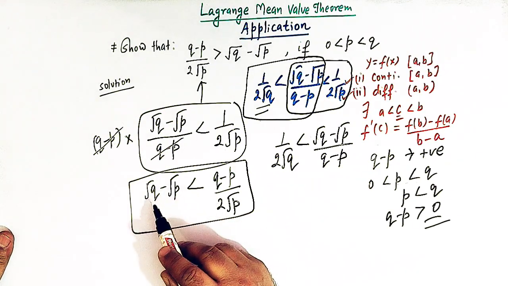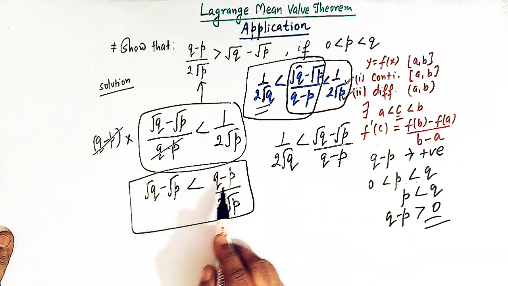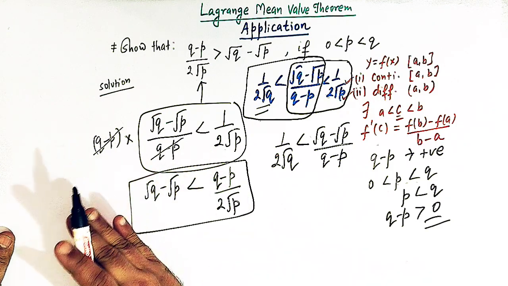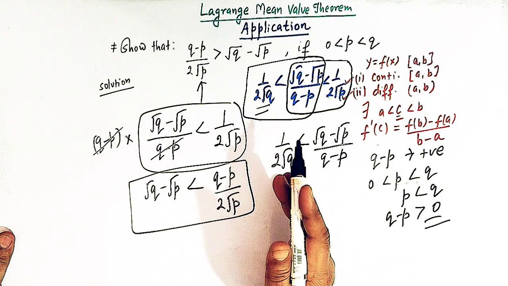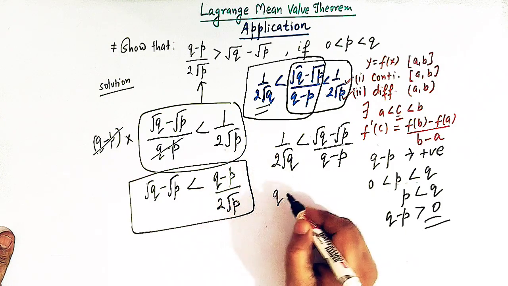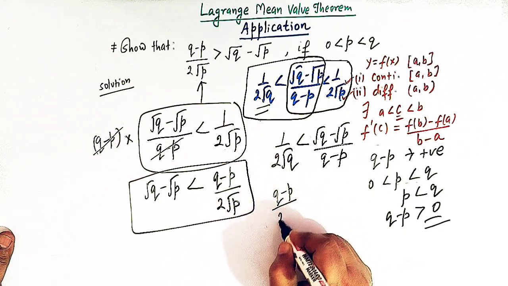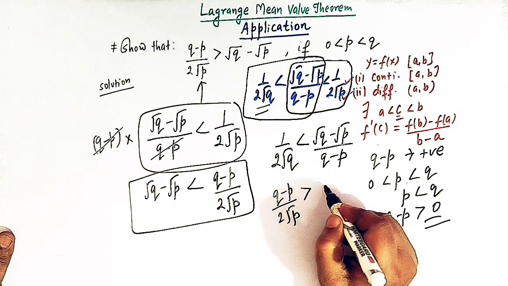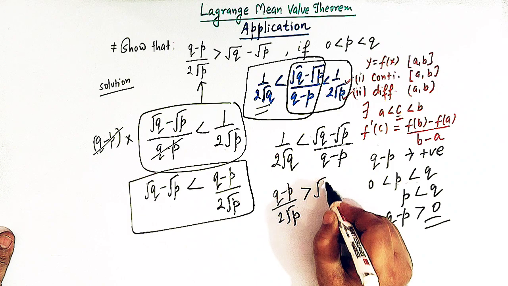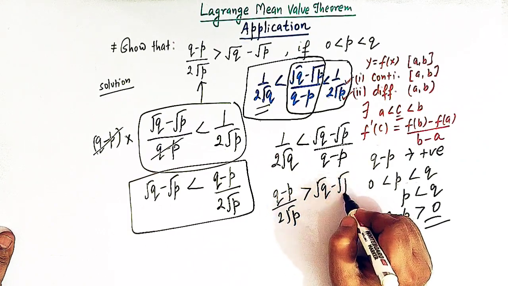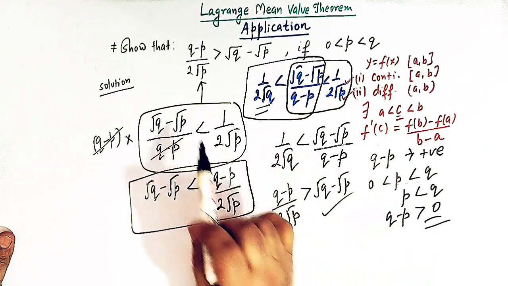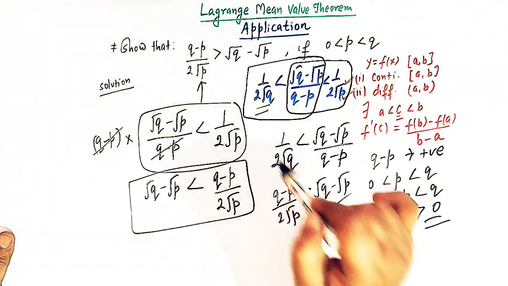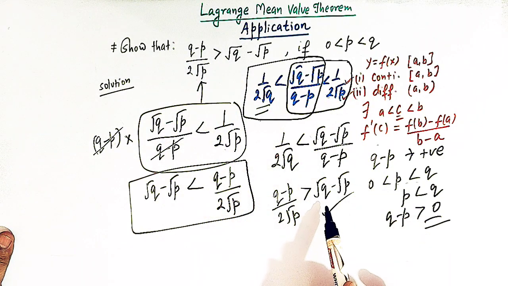We can also rearrange the inequality by writing this term to the left hand side and this term to the right hand side, so that we have Q minus P over 2 times square root of P is greater than square root of Q minus square root of P, right? So now the form of both the inequalities is same, right?